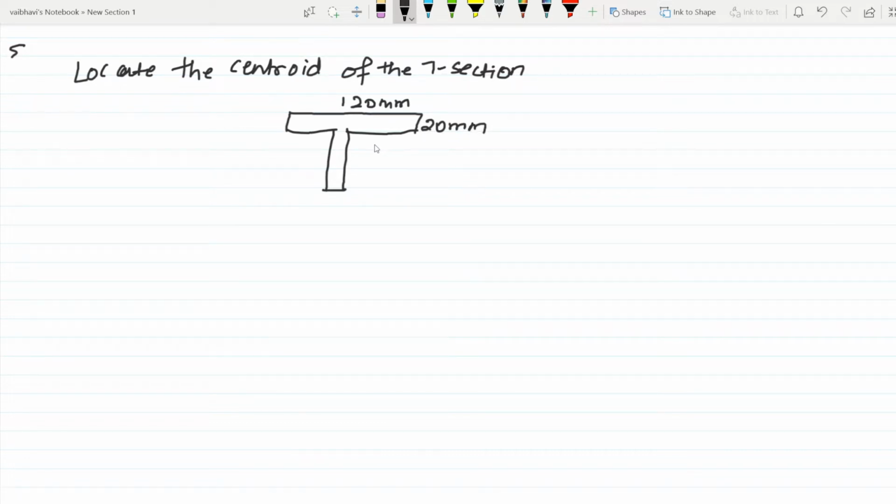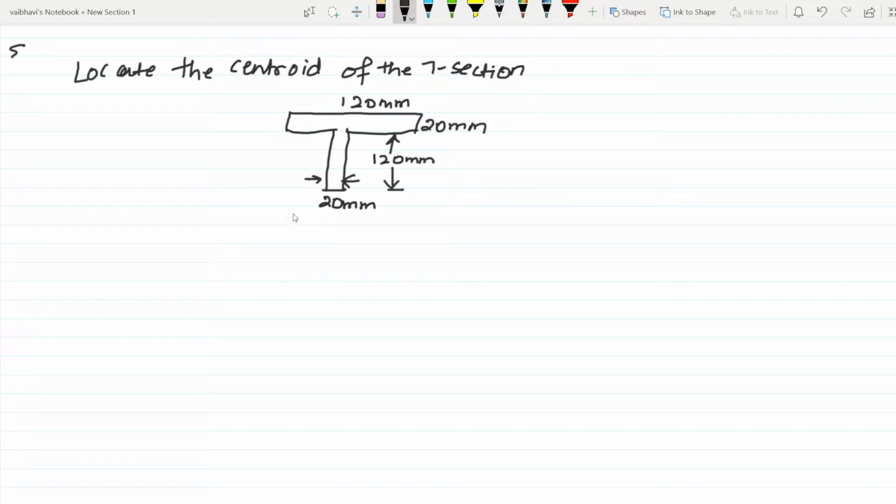This web portion is 120 mm, that is the height, and its thickness is 20 mm. So now how to find the centroid? First we have to consider the reference axis. Let us take two reference axes.